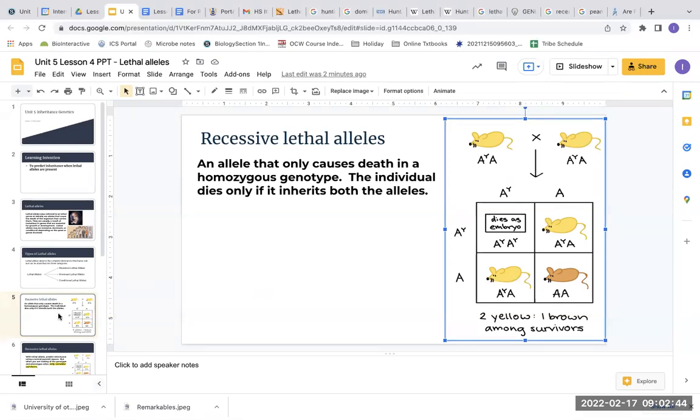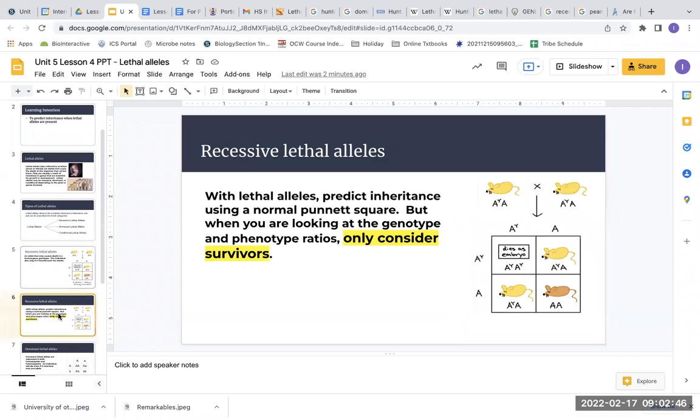Now, here's something funny about the genotype and phenotype ratios that you need to consider. When we talk about recessive lethal alleles and we're predicting the phenotype or the genotype of the offspring, the offspring needs to be born for them to be considered.